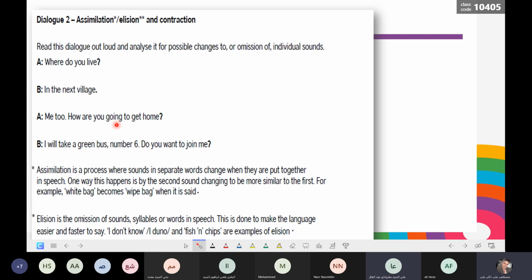And what about "going"? We can make an elision here. We drop the g sound. Going to get home. Or "gonna"? How are you going to get home? And in American English, they say "how are you gonna get home?"